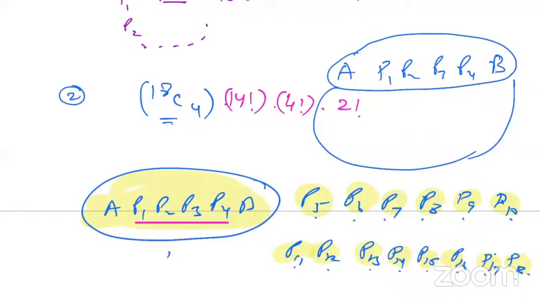It's taking as group. This group is as 1. Then we have 15 different groups, and they can arrange themselves in factorial 14 ways. Now P1, P2, P3, P4, they can arrange themselves in factorial 4 ways, and A and B can interchange themselves in factorial 2 ways. So total number of arrangement will be something like this. Is it okay? Right? This is the second one.